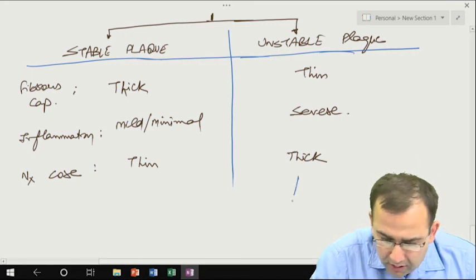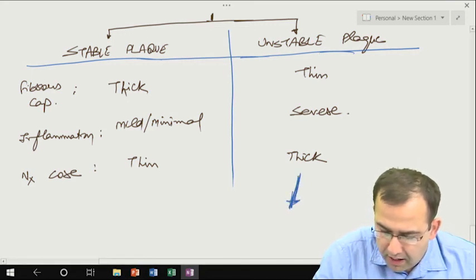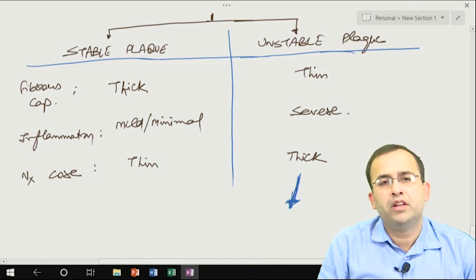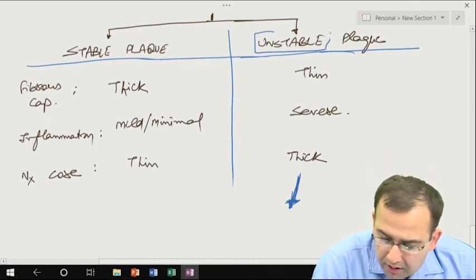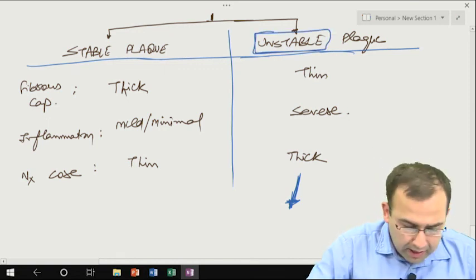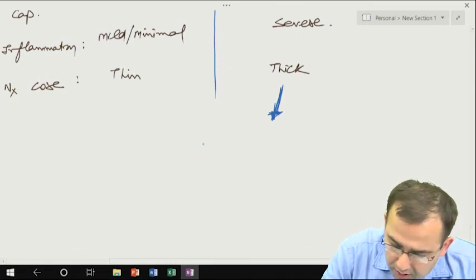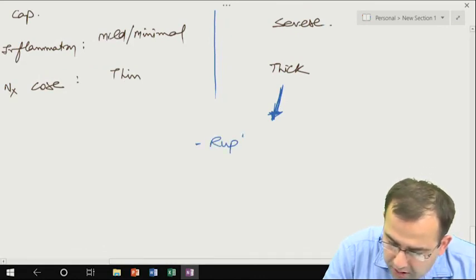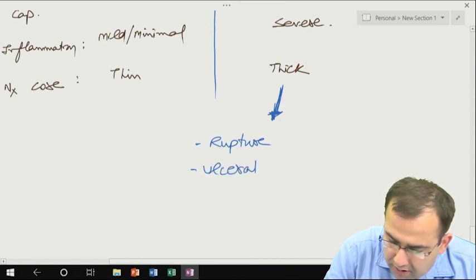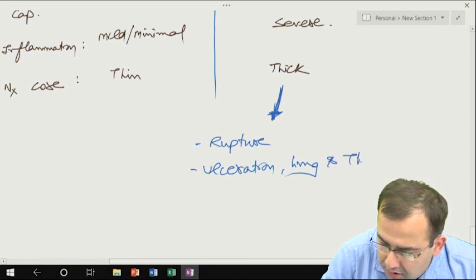If the atherosclerotic plaque is unstable, it can rupture. Rupture can be associated with ulceration, hemorrhage and thrombosis.